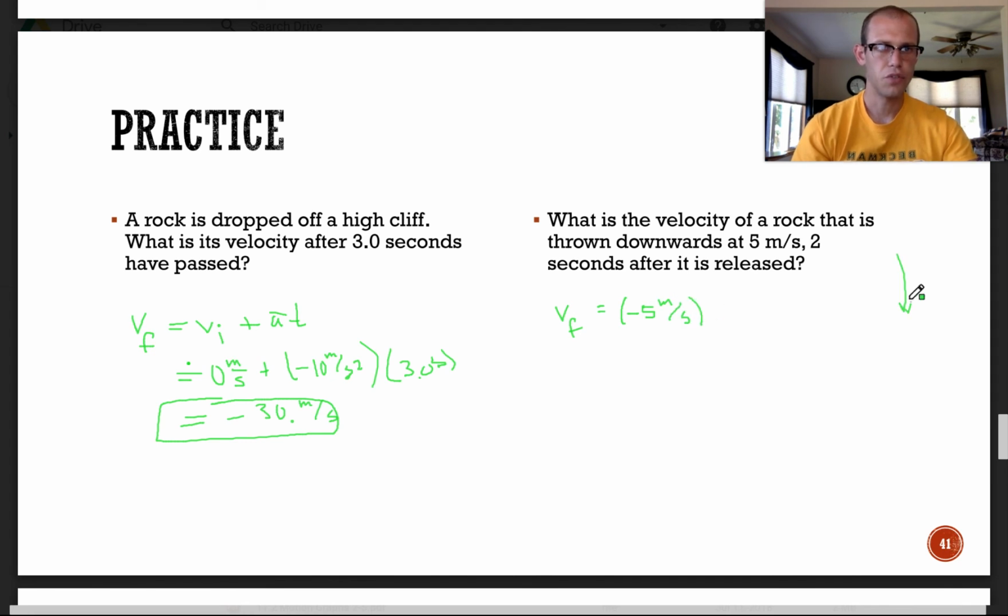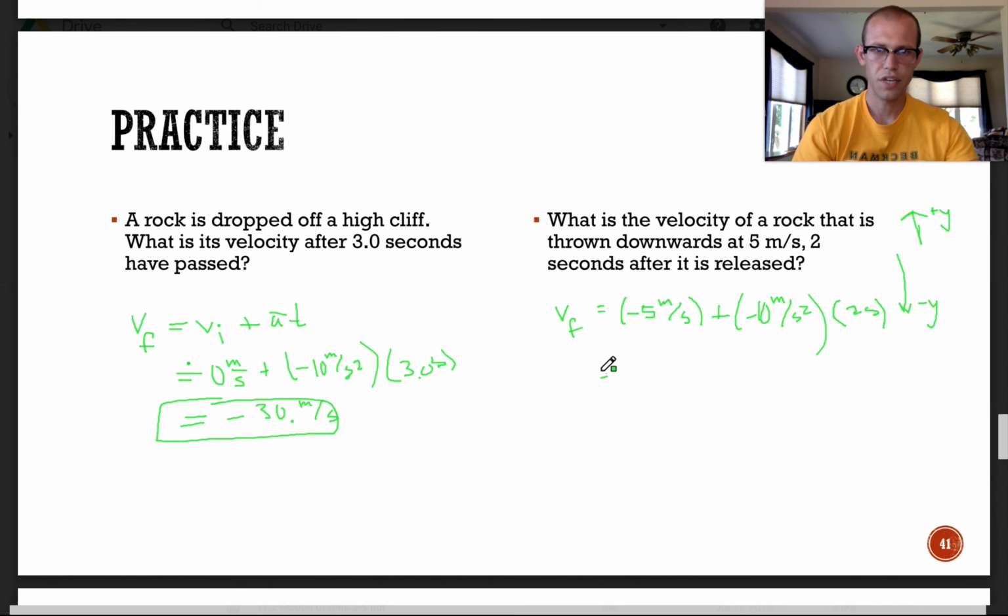So I should do an arrow and say negative y is down, or I could just do an arrow and say positive y is up. So somehow I know that that's what I'm stating for the problem. The acceleration due to gravity, since it is in free fall, is negative 10 meters per second squared. Notice it's negative because it is going down. Then 2, and that's 2 seconds later.